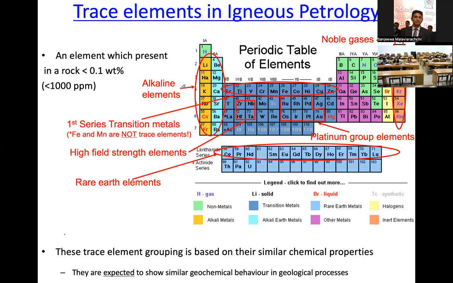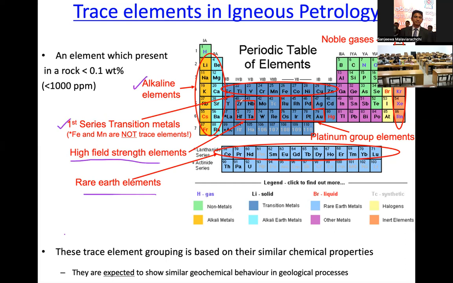You have the first and second groups, alkaline elements, and then the first series of transition elements, and below you have rare earth elements. Then we have another group we call high field strength elements.